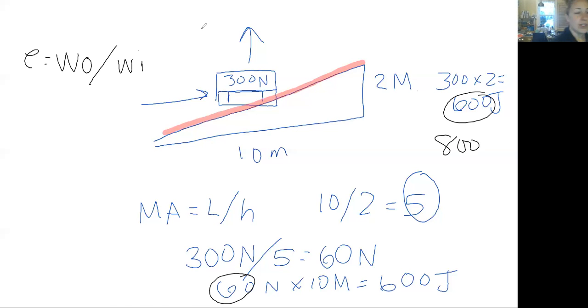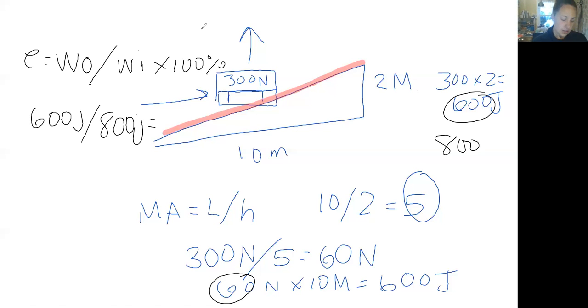So 600 joules divided by 800 joules would equal our efficiency, and then we multiply that times 100%, so we get a percentage. With an IMA of 5 and an efficiency of 75%, the AMA is 3.75. The ramp actually increases the force by a factor of 3.75.